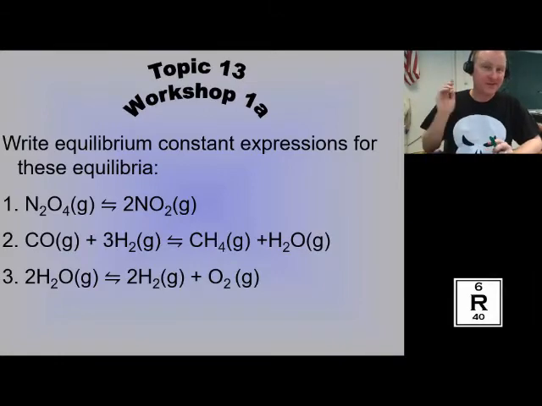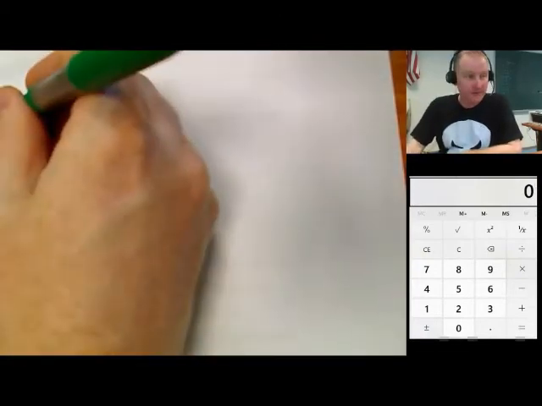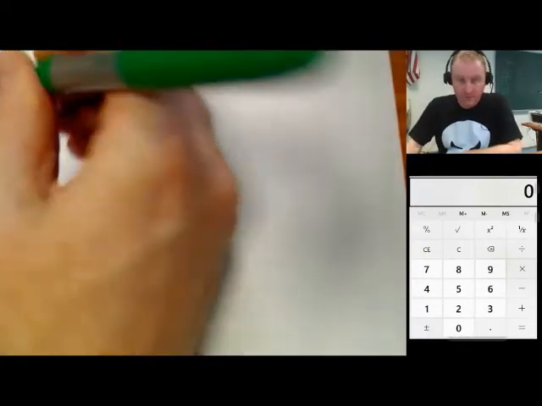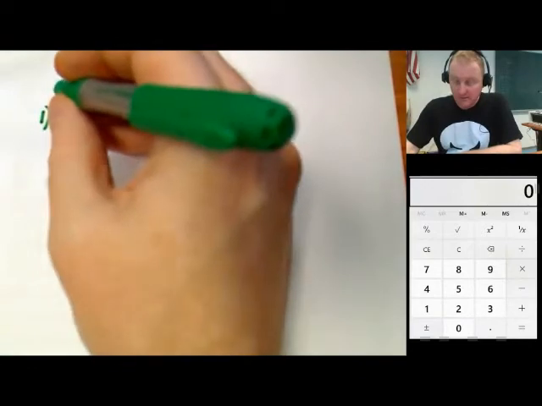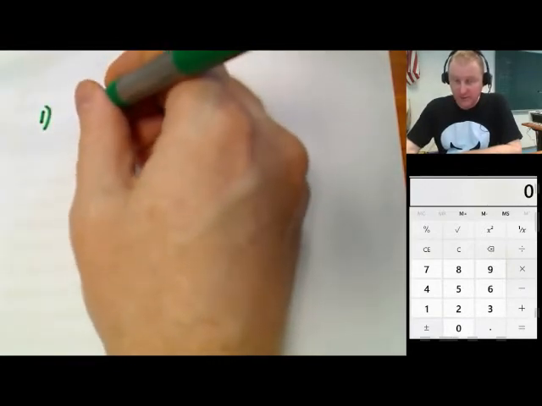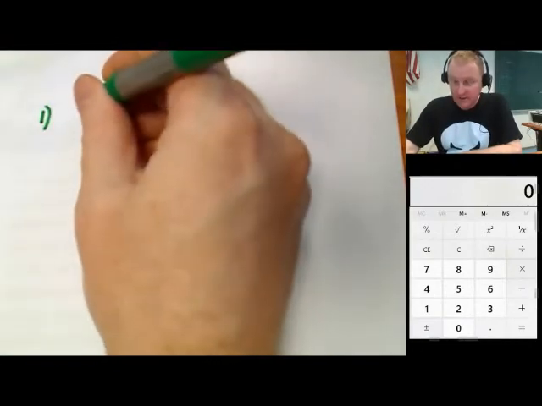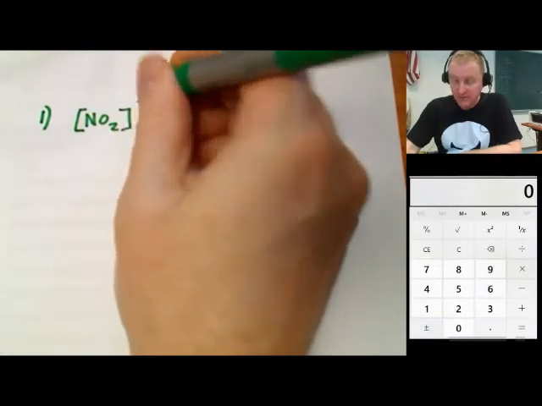And hopefully you did. Let's take a look to see if you got the same answers I got. For number 1, you should have written the product on top, which was nitrogen dioxide, and there were 2 of them.